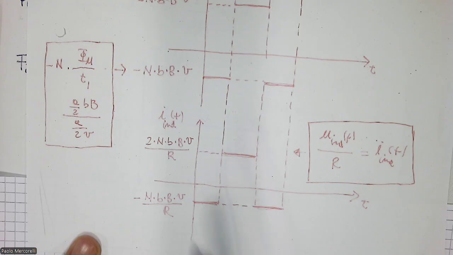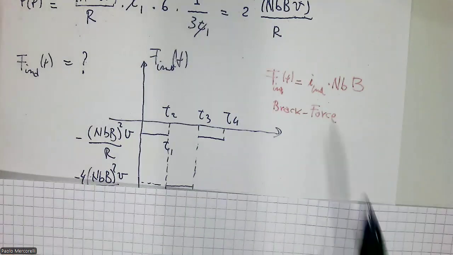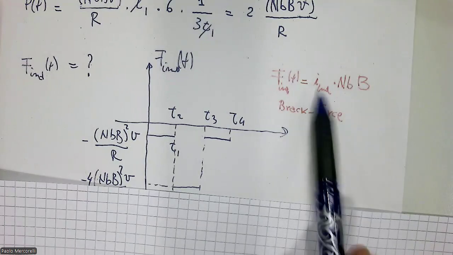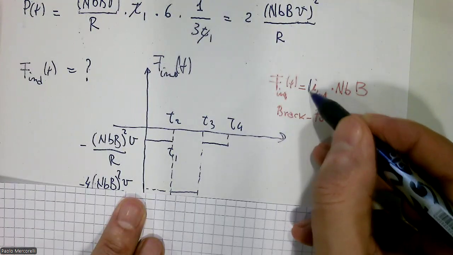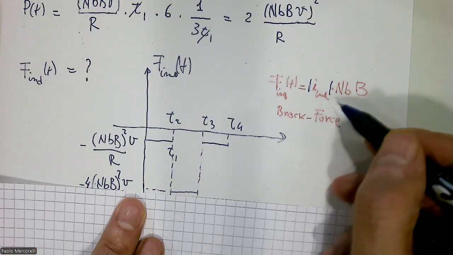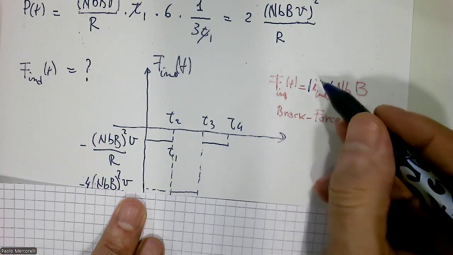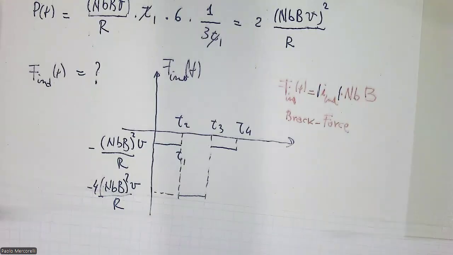You remember I explained that when the sign of the current changes, the sign of the flux also changes, but here we cannot see that. To be precise, it should be there, but it's small. Very often we don't write this absolute value in order to calculate the amplitude, because we know from the lab that this is the brake force.